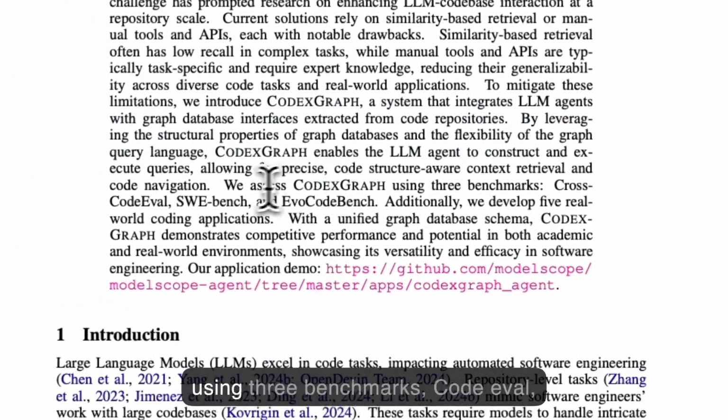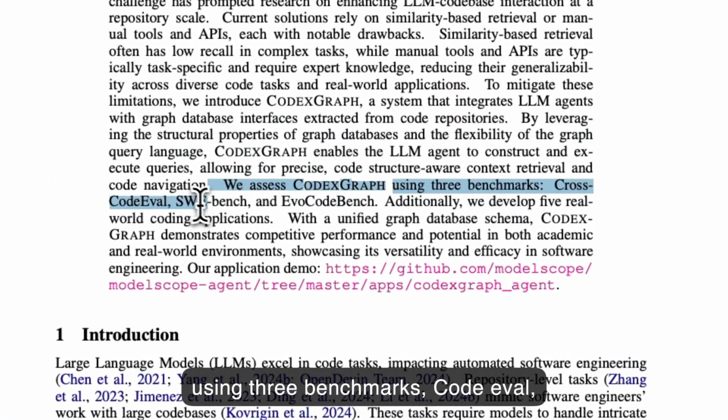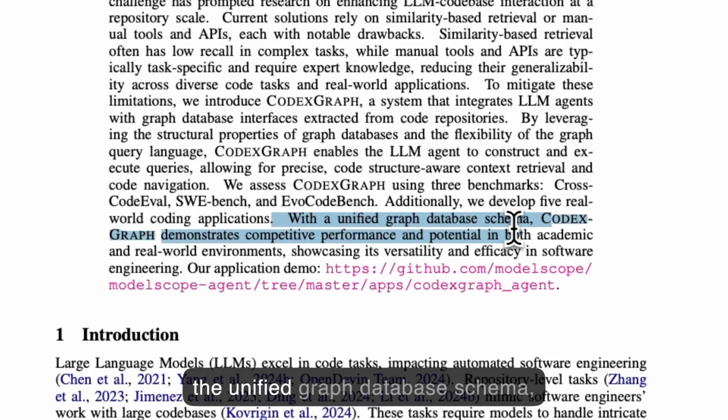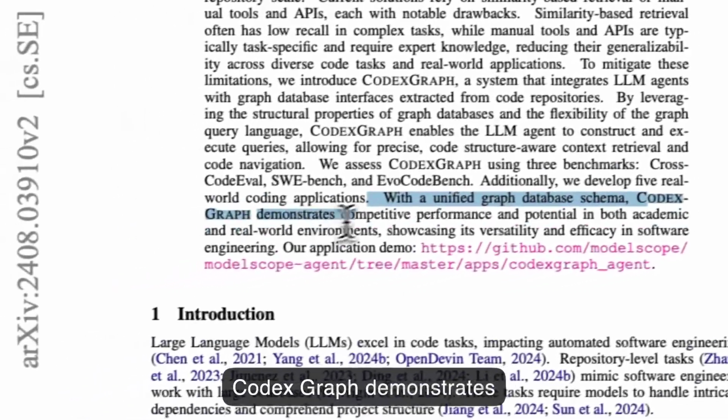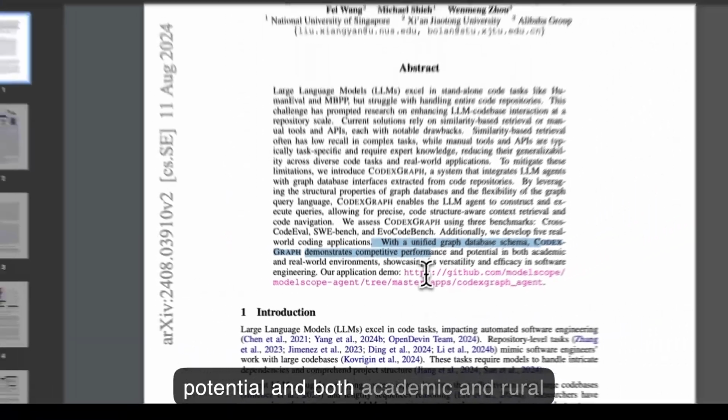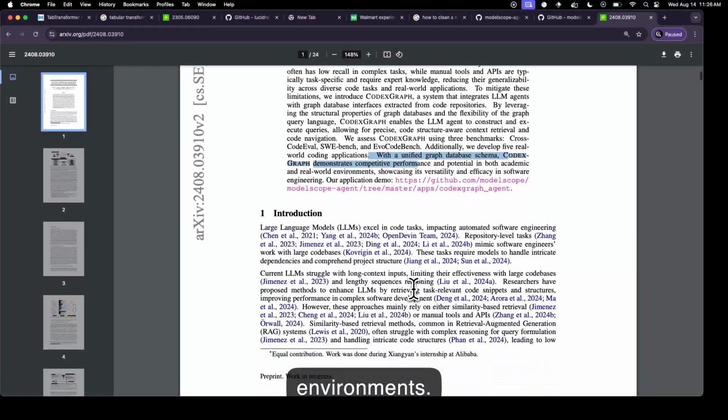We assess CodexGraph using 3 benchmarks: CrossCodeEval, SWE-bench, and EvoCodeBench. Additionally, we developed 5 real-world coding applications. With the unified graph database schema, CodexGraph demonstrates competitive performance and potential in both academic and real-world environments.